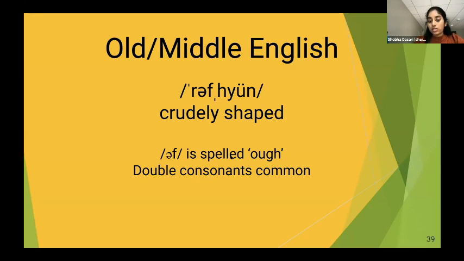That's why you end up getting the two H's: R-O-U-G-H-H-E-W-N. Since this is a compound word, two words combined, this H belongs to rough, and this H belongs to hewn. So double consonants are common in Old English and can be spelled in this way.